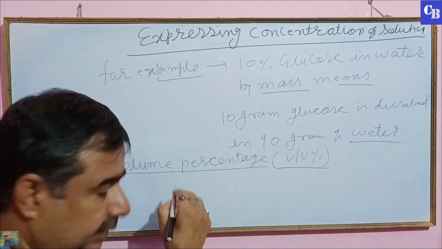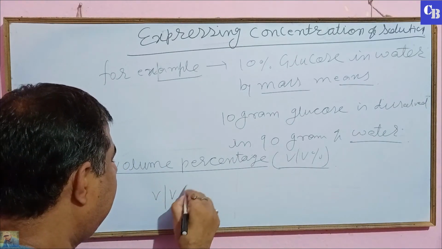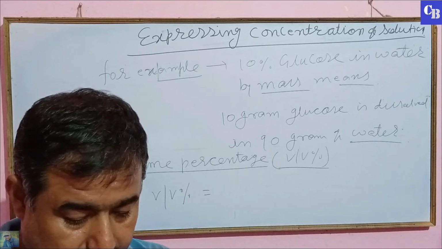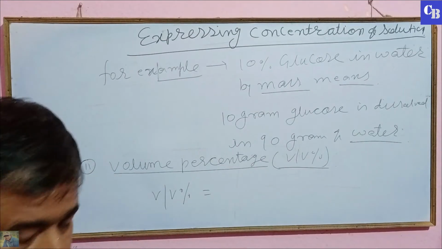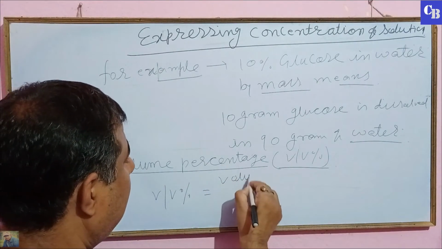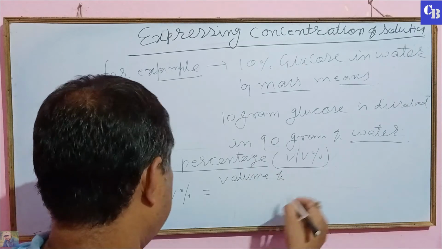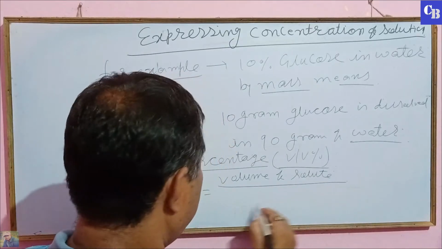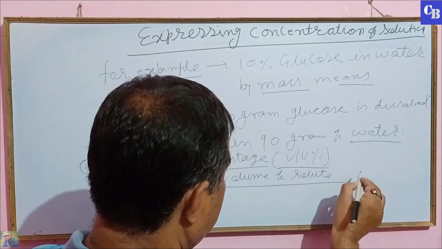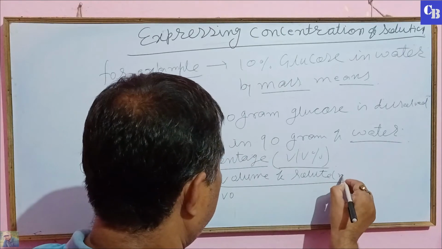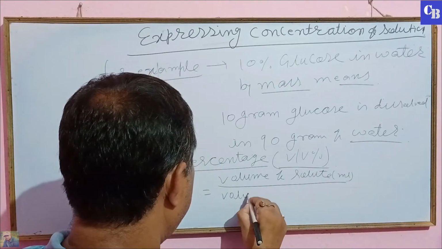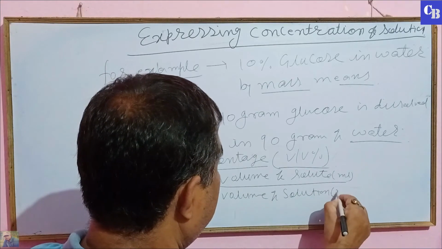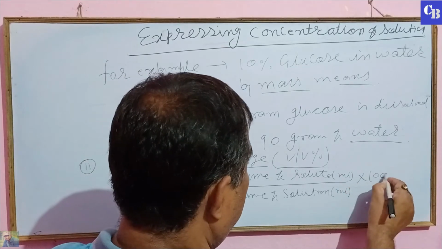And volume percentage V by V percentage equals volume of solute in milliliter and volume of solution into 100.